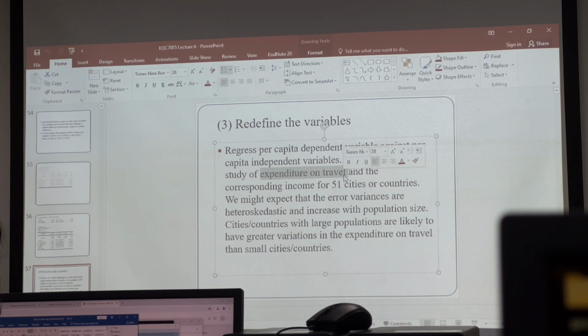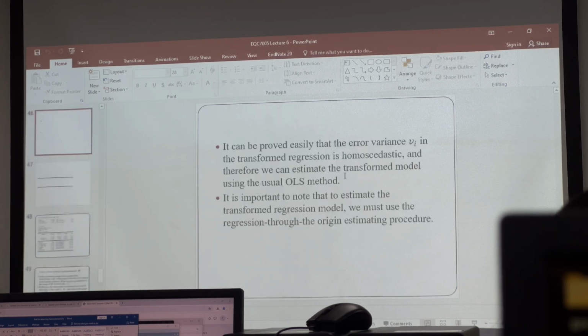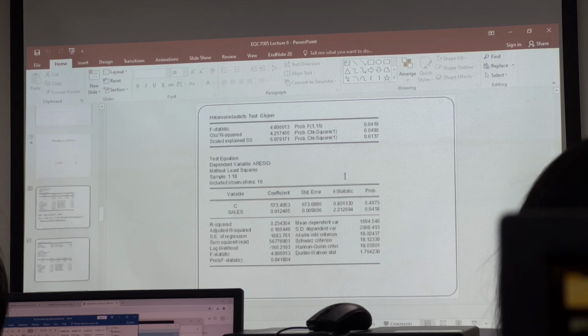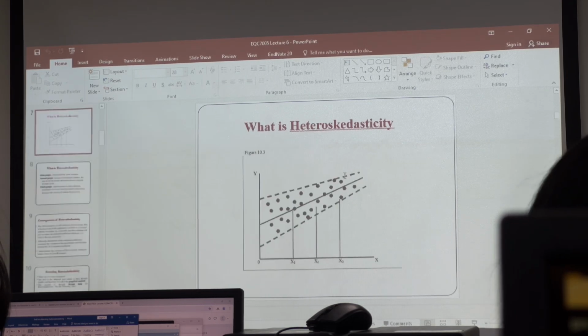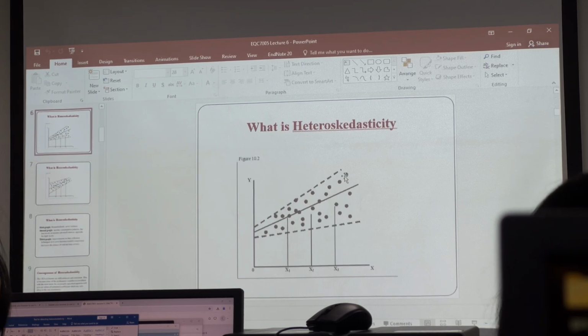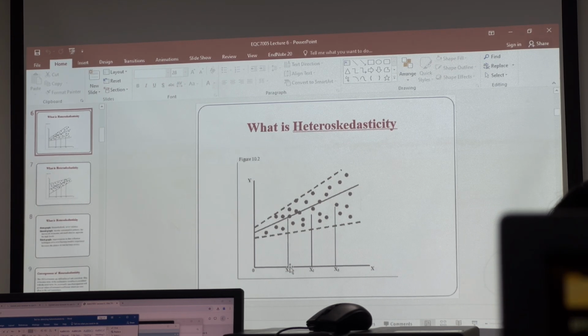Then you have the problem like before. For example, let's say you have the travel expenditure, and then you have total income, the total income for the whole population. So let's say for KL, Kuala Lumpur, you have this one, then this one for smaller cities, Ipoh for example, or Alor Setar.